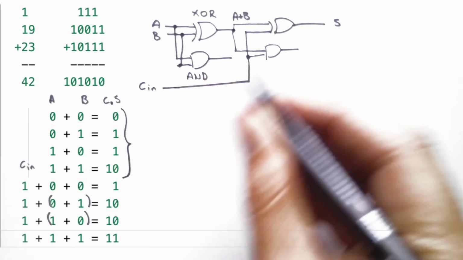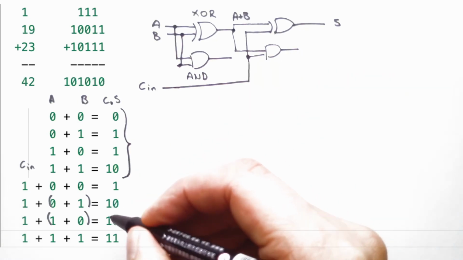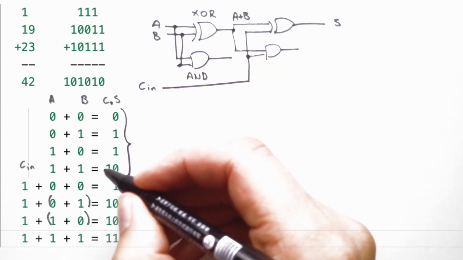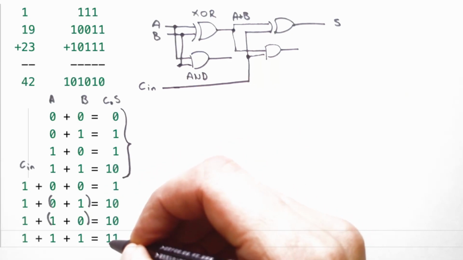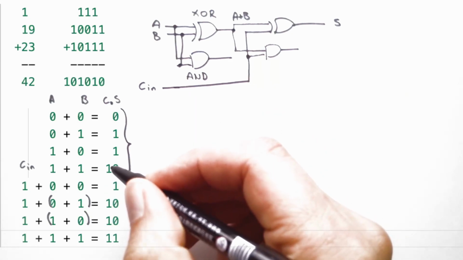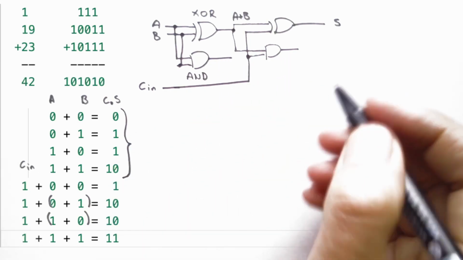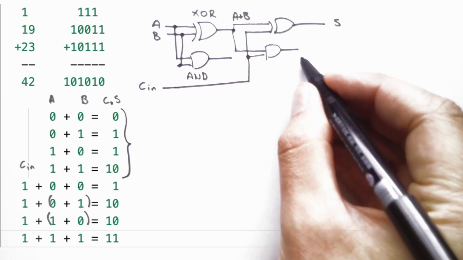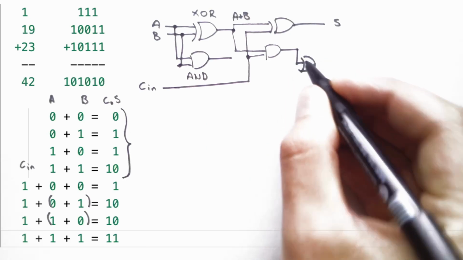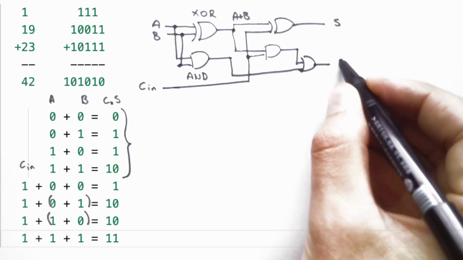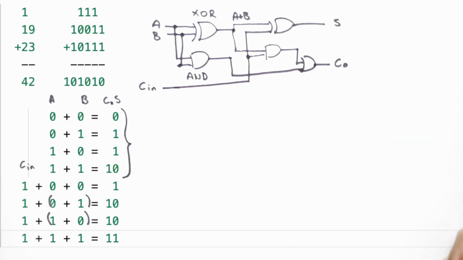So the output here accounts for these two ones, and the output here accounts for this one and this one. And so we get a carry on our output if either this case or this case is true. So we can just use an OR gate for that. And that produces our carry out.